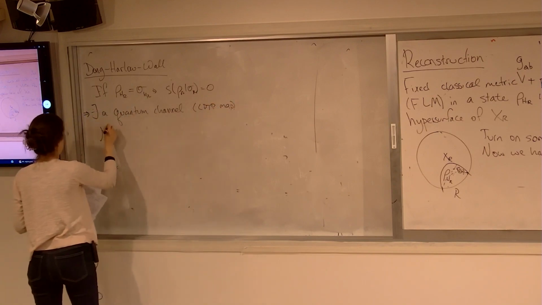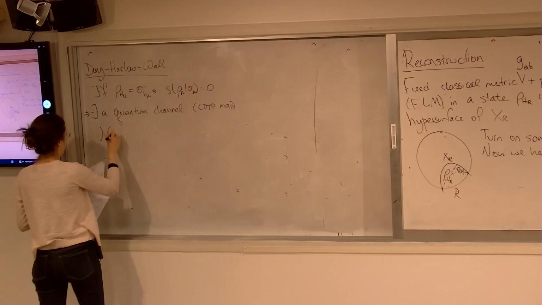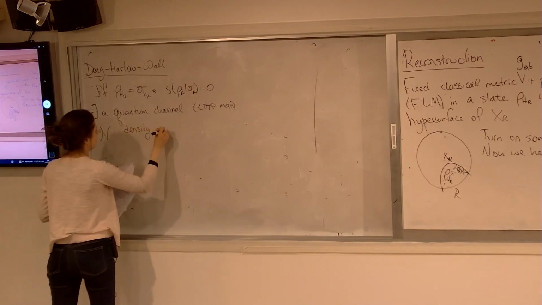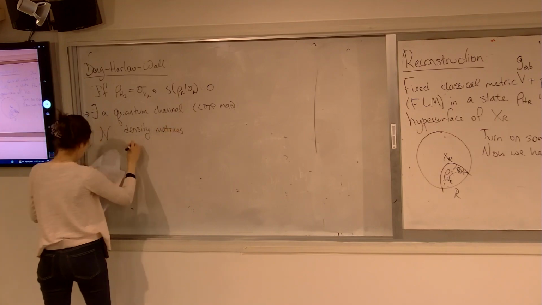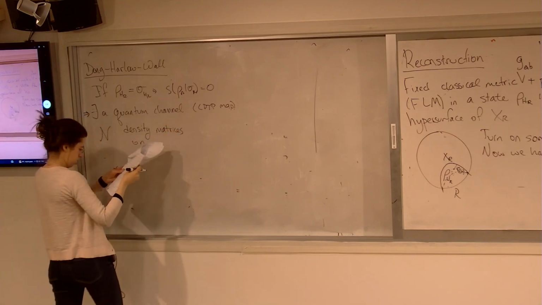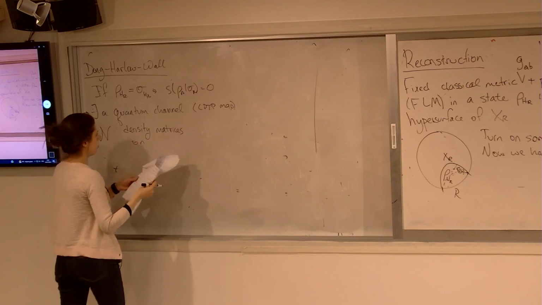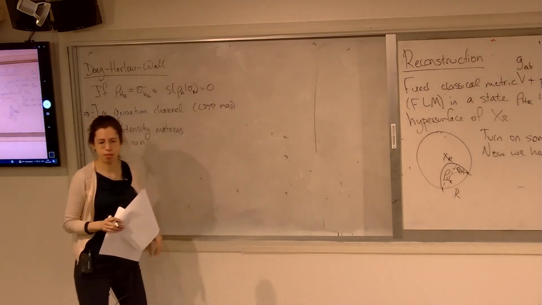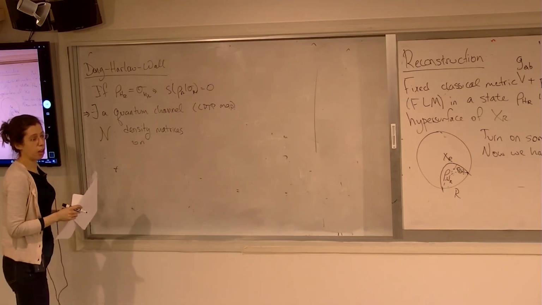I'm going to call it N. N goes from density matrices on, let's see. You will define a quantum channel? Yeah, a quantum channel is a completely positive trace preserving map, not a unitary map.